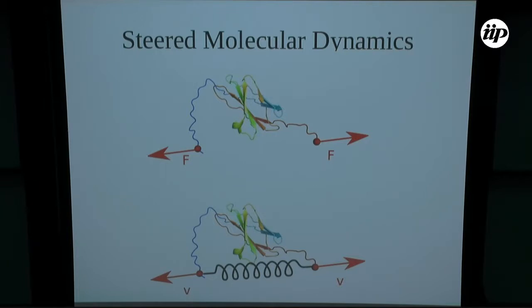It's a technique that mimics, or tries to mimic, atomic force microscopy. The two most frequent variants are that we pull with a force from two ends, or we put a spring in between, and we push or pull with a constant velocity. I will be talking only about the second mode. This is a contacting domain of a signaling protein.